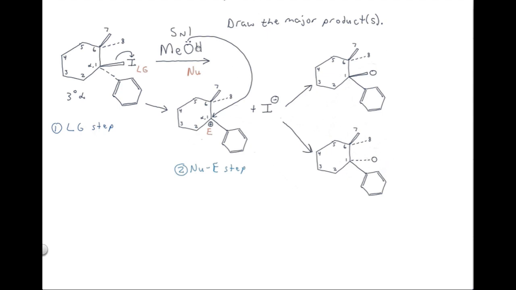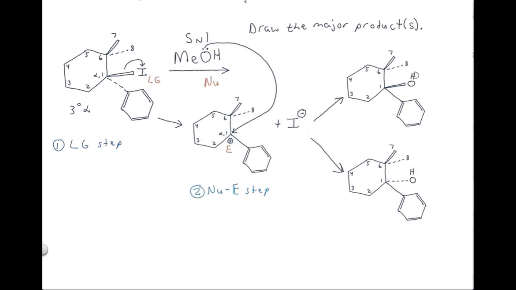Let's see. The oxygen should still be bonded to the hydrogen. That's a covalent bond that's not breaking. And the oxygen should still be bound to the methyl group. Remember that this is a methyl group. It would be covalently bonded to the oxygen, not ionically bonded. So there's no reason to break that covalent bond because there's no arrow telling us to break that covalent bond.